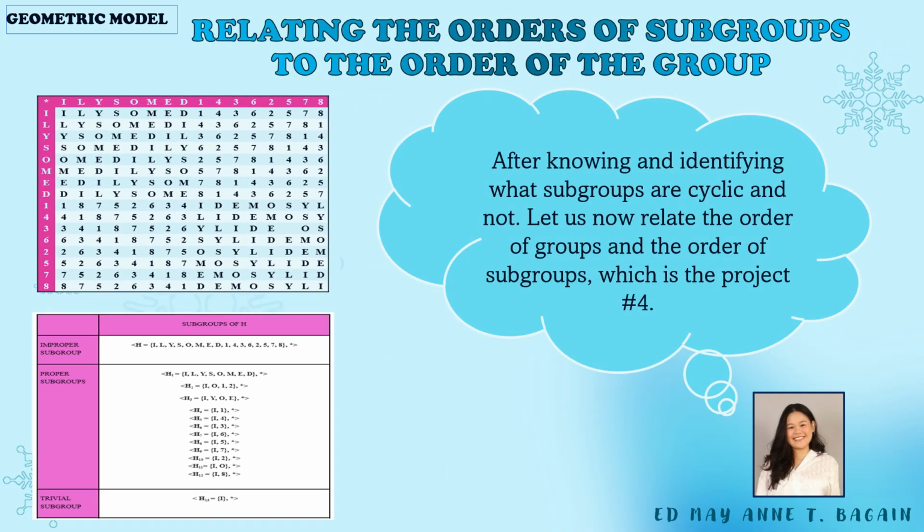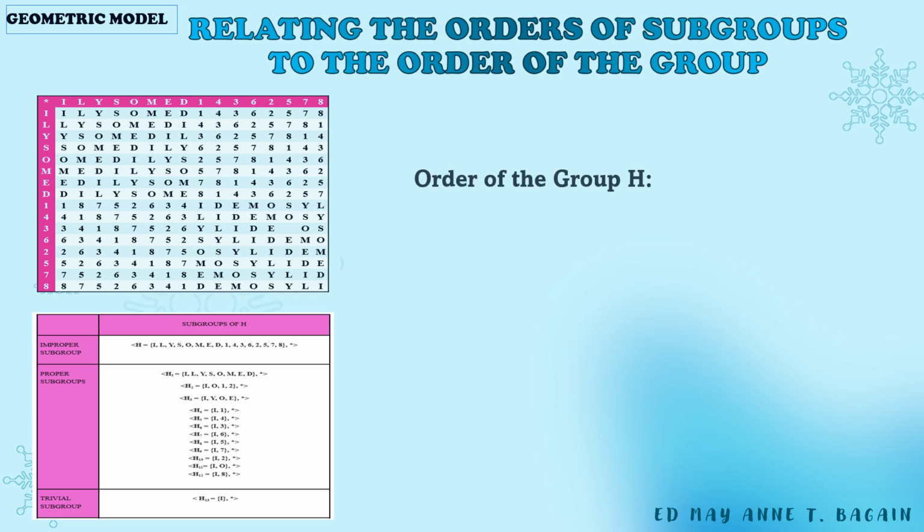So the order of a group H is the number of elements in the group, denoted like this: two lines with the H inside it. So this one talks about the order of the group H.